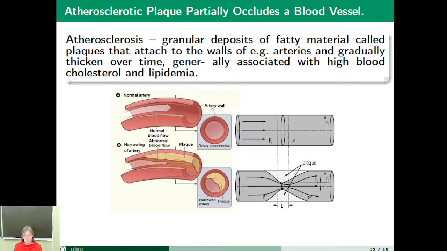Plot a graph of how this diastolic and systolic pressure and the pulse relax versus time. And in the end of the work, you have to write down a conclusion.